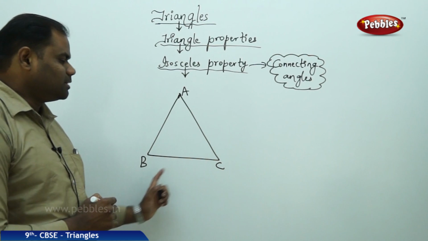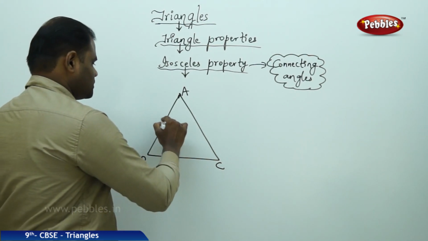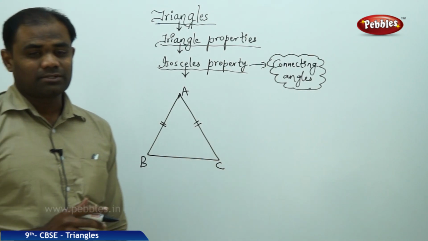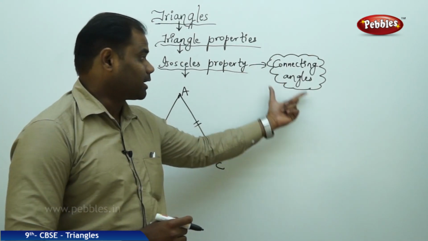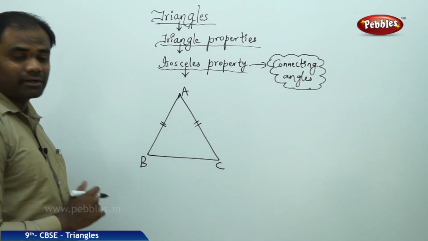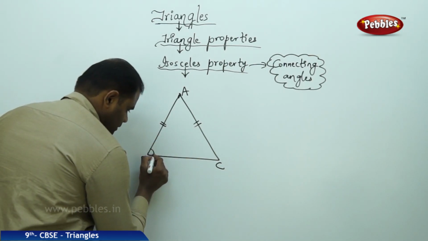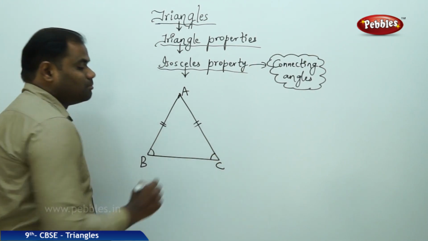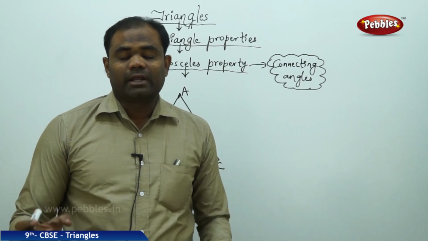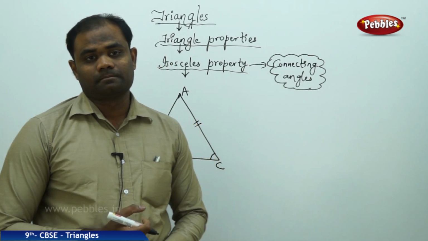The triangle ABC is isosceles in the sense the sides are equal. Then the isosceles property connecting the angles says that if the two sides are equal, then their corresponding angles must be equal. When two sides are equal, their angles must be equal.